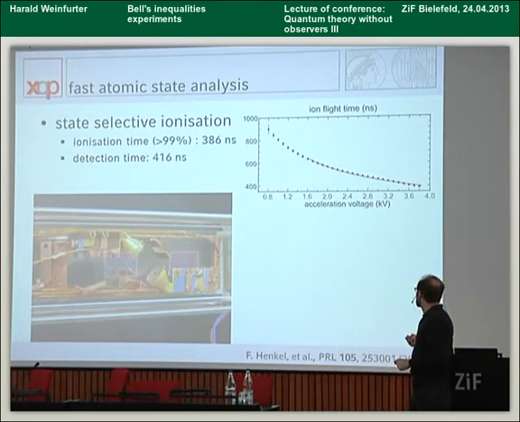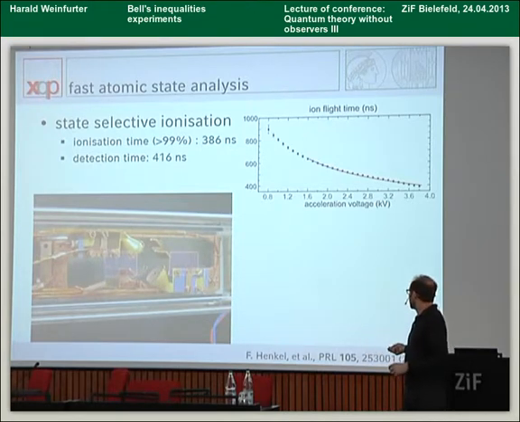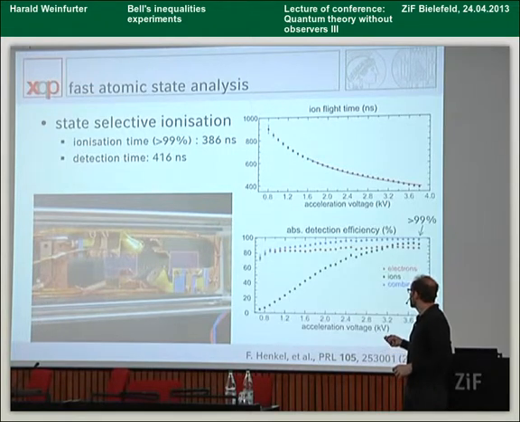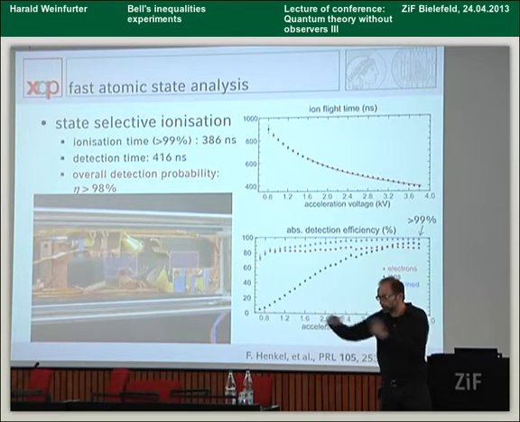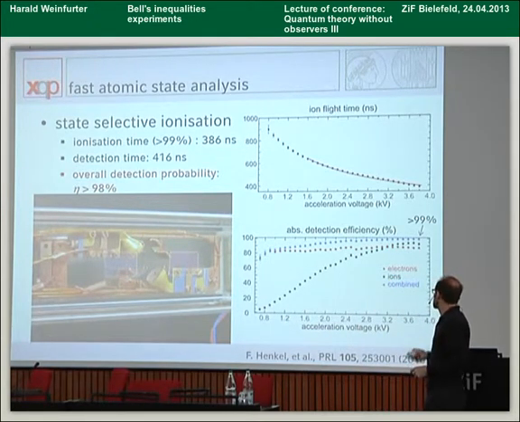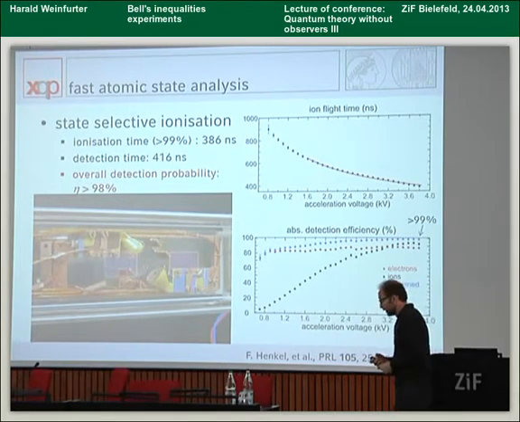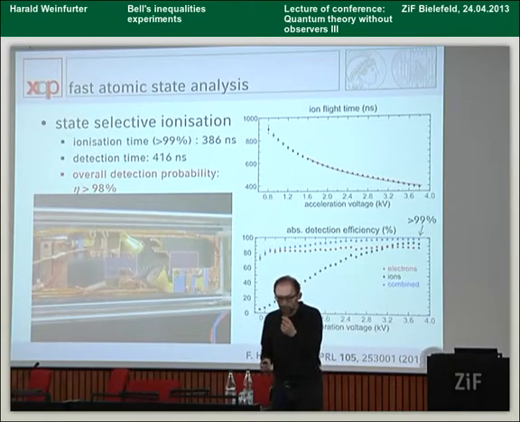But it takes a while to get the heavy ion moving and into this channeltron. Still, altogether, including the time of flight and the amplification procedure, it takes about 400 nanoseconds to get the signal once the ionization took place.